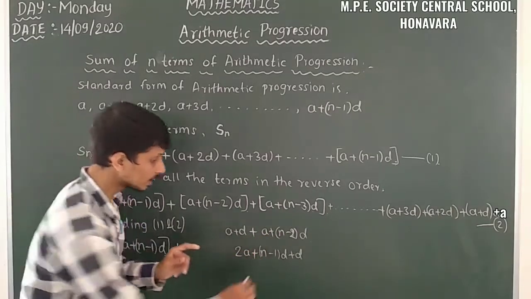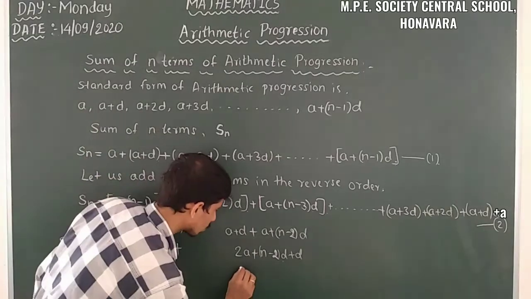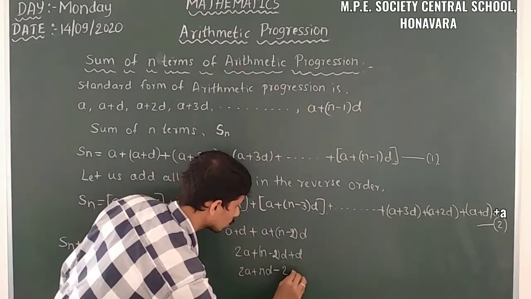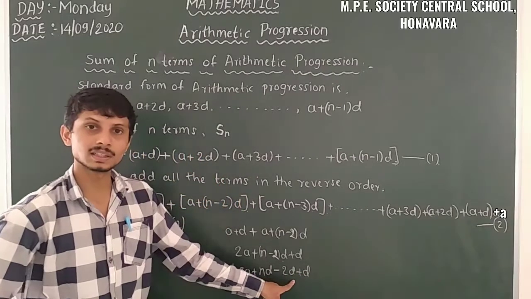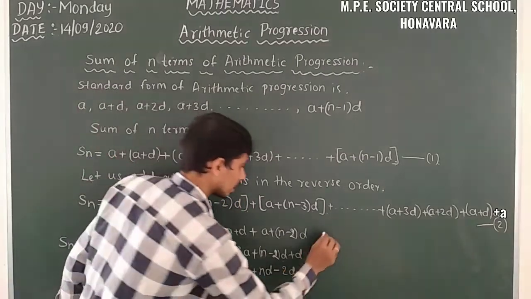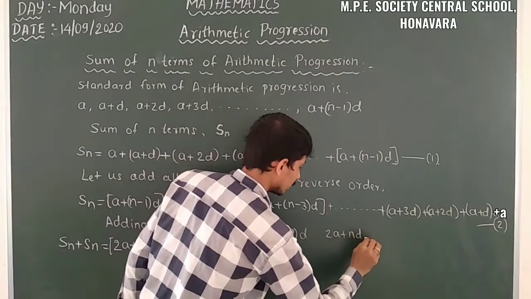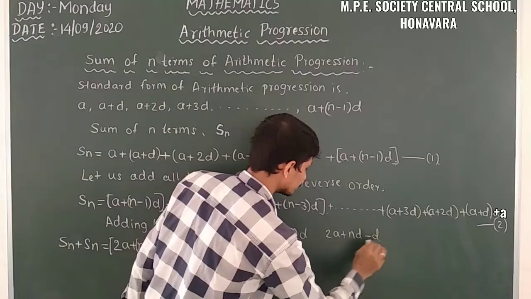Here it becomes a plus a, 2a, plus n minus 2 into d plus d. So 2a plus nd minus 2d plus d. What happens here? Minus 2d plus d becomes minus d.